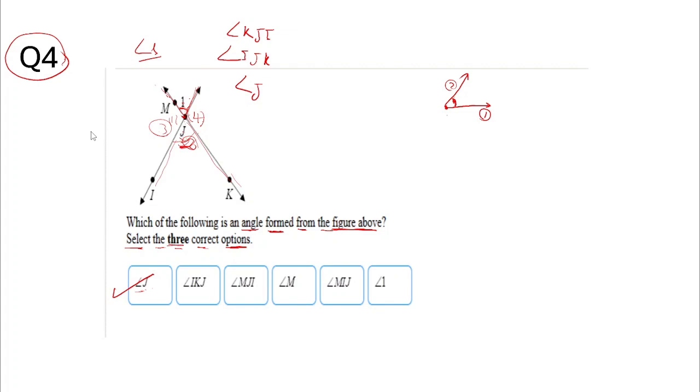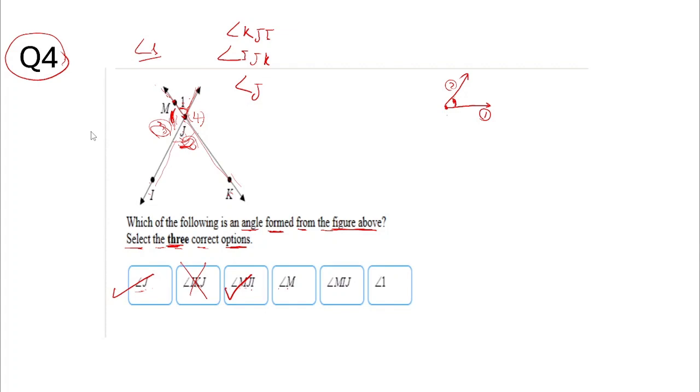Okay, still I have 2 correct options. Let's see this angle, angle IKJ. It's not an angle. So this is not right. Okay, angle MJI. This one, angle number 3. So this is our angle, right? Angle M. Look, where is M?